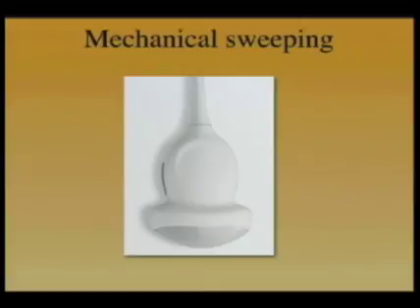So the transducer that you see here is physically larger than most 2D ultrasound transducers. There are problems with mechanical sweeping, however, one of them being that anything mechanical has inertia associated with it, and inertia leads to problems. For example, the frame rate isn't as high as one would like.